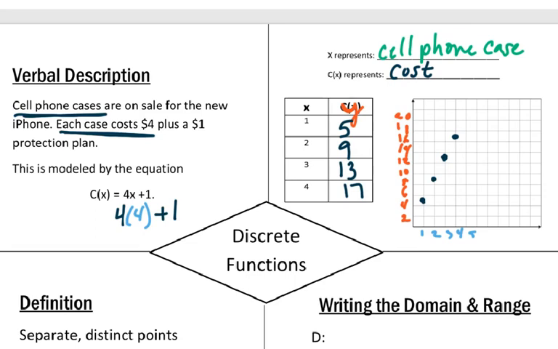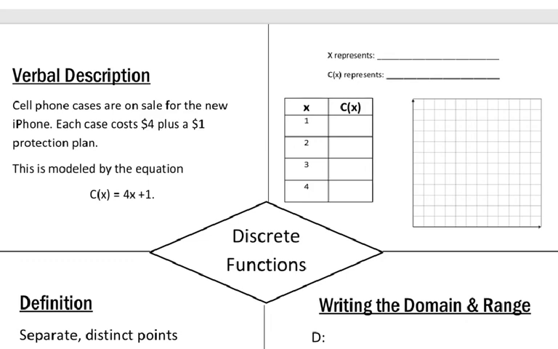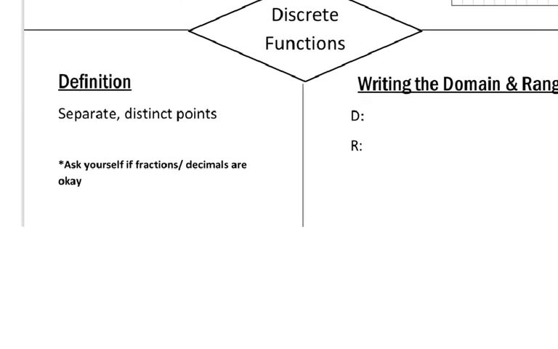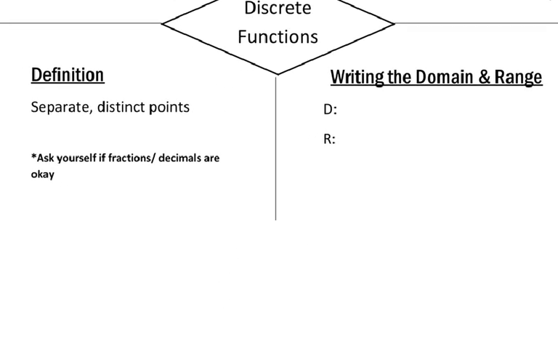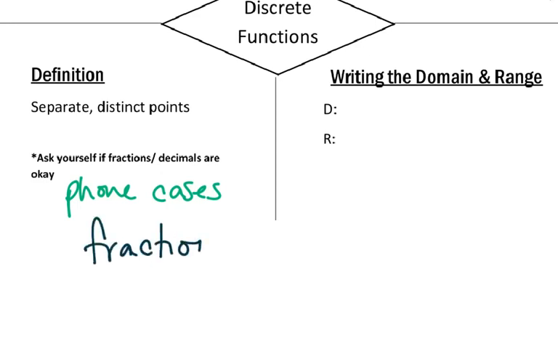So if we look at the bottom half of this page, it says the definition of a discrete function is that they are separate, distinct points. Ask yourself if fractions or decimals are okay. So if we were talking about cell phone cases, can I have a fraction of a cell phone case?